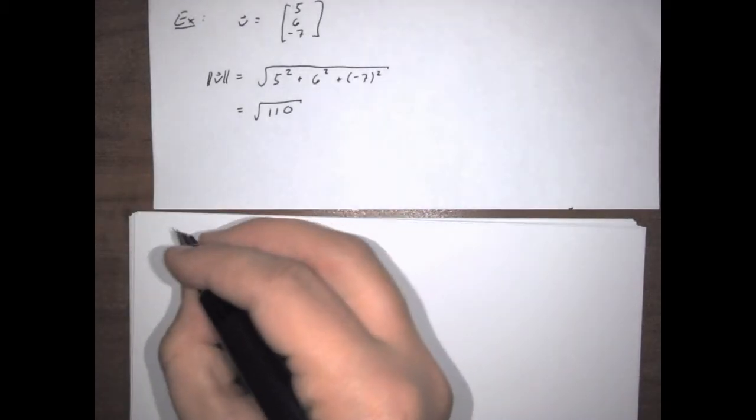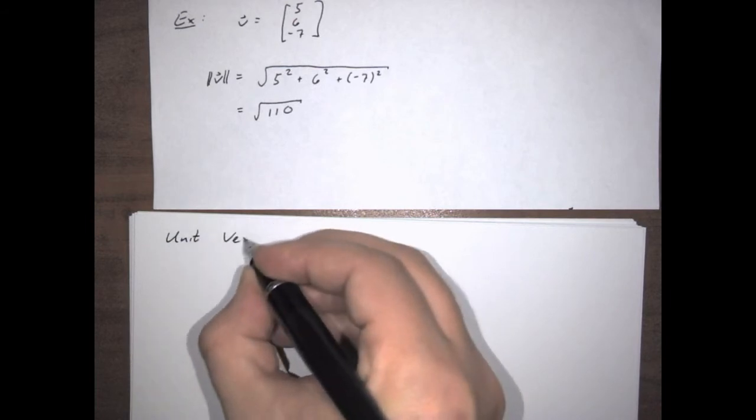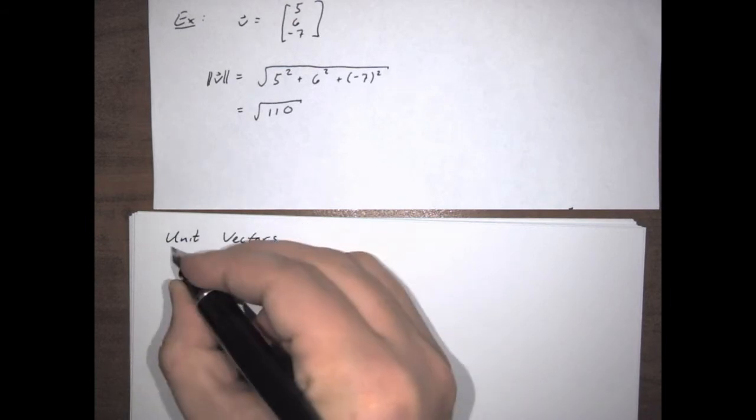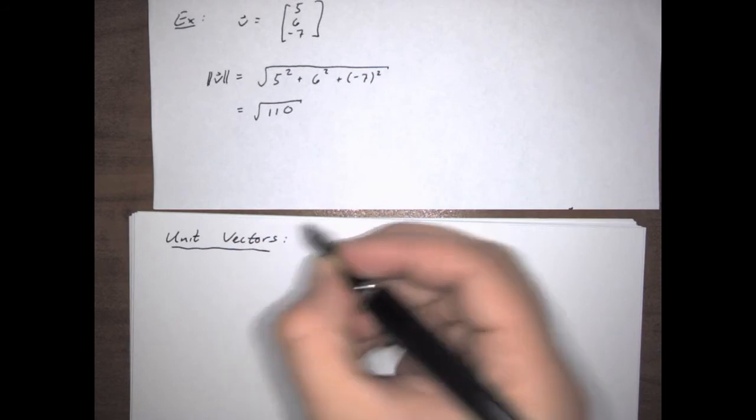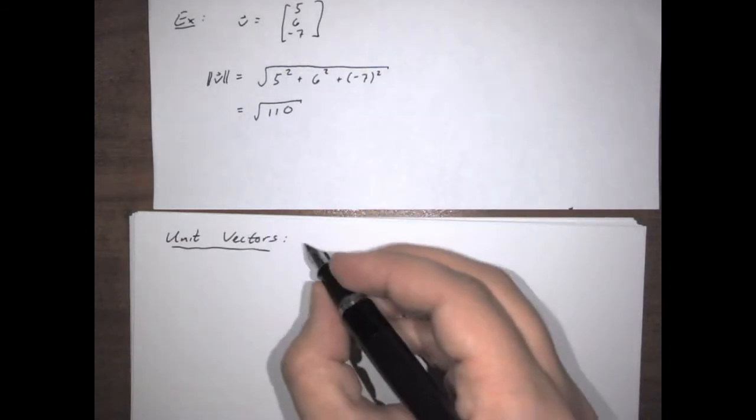Now, unit vectors. These represent vectors of unitary magnitude, in other words, magnitude 1.